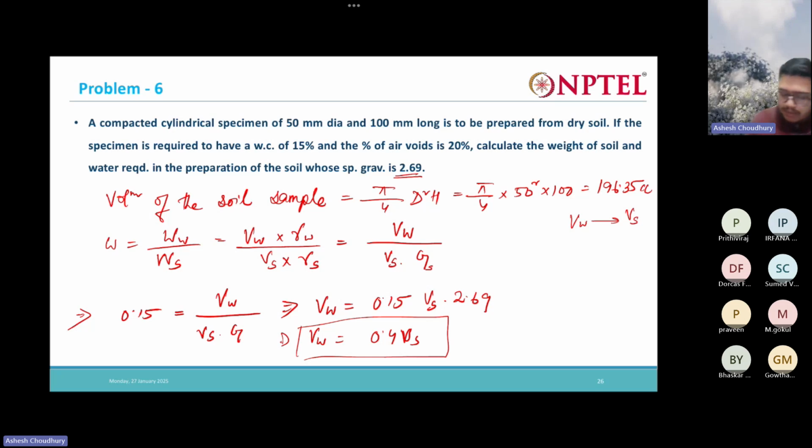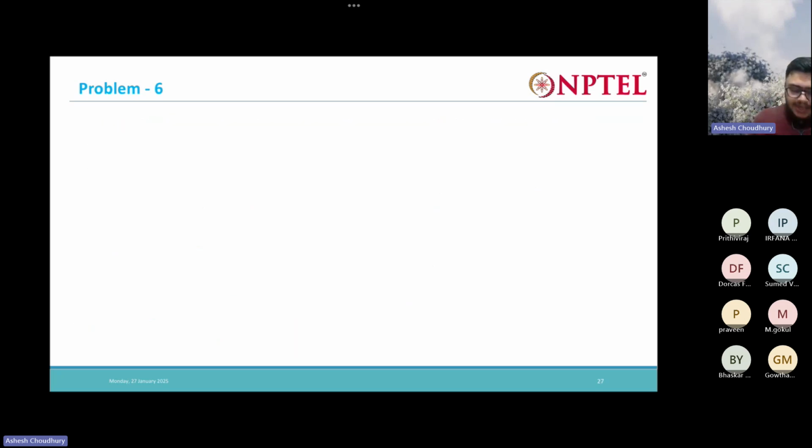Right. Now tell me what do you mean by percent of air voids? What is the ratio, what value to what value is percent of air voids? How do you define Na, percentage air voids?